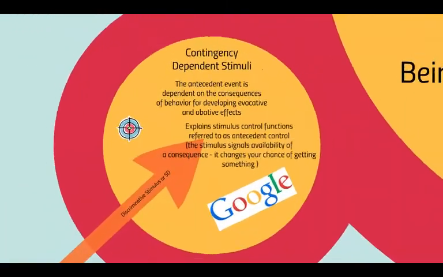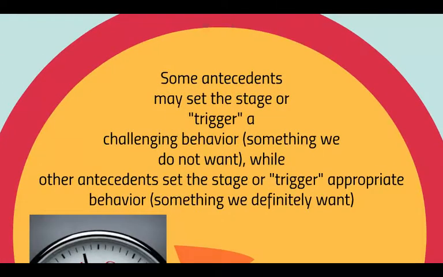Now, one of the things that's important to note is that there are some antecedents that show up in our lives and in the lives of other people that set the stage or trigger a challenging behavior. So it's an antecedent that's associated with perhaps unfavorable things happening.